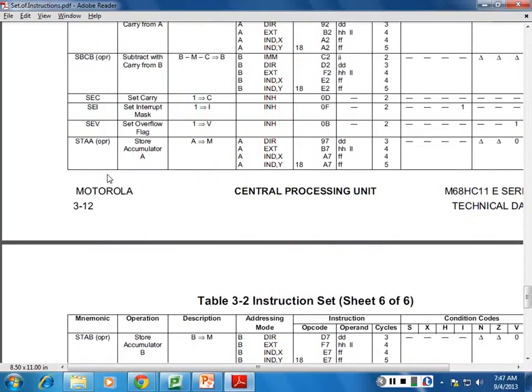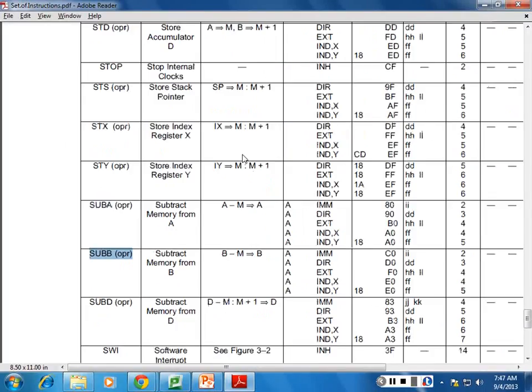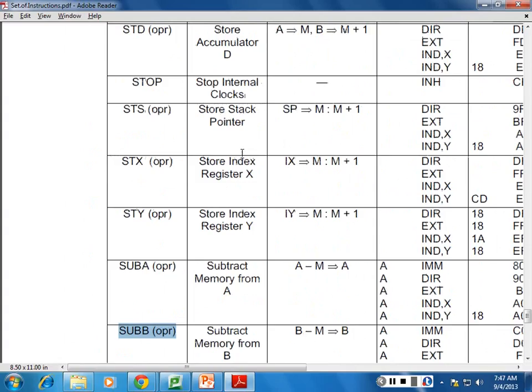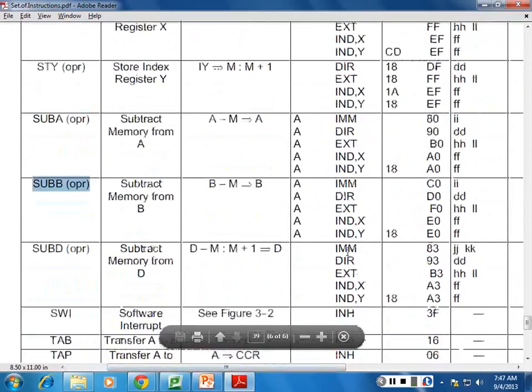Now when you go to SUBB, this is alphabetically ordered. This is your instruction SUBB, right? Do you see it? Do you see SUBB here?